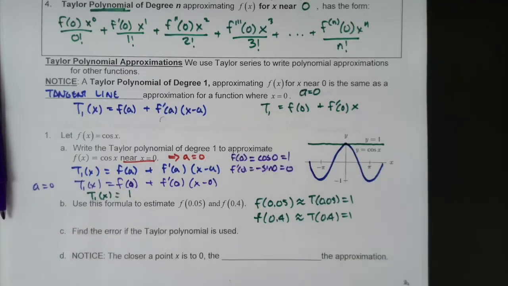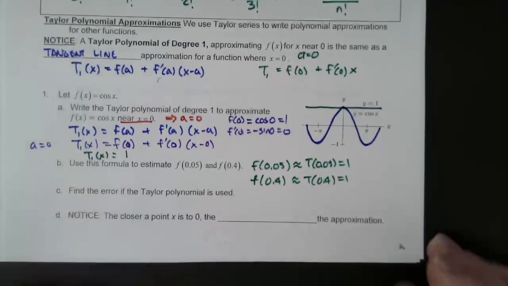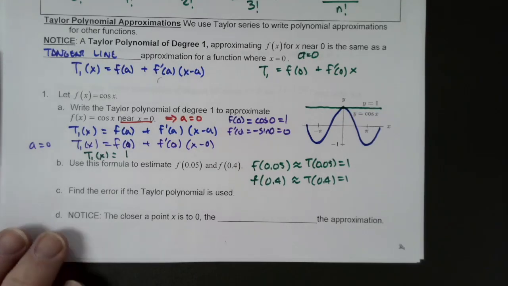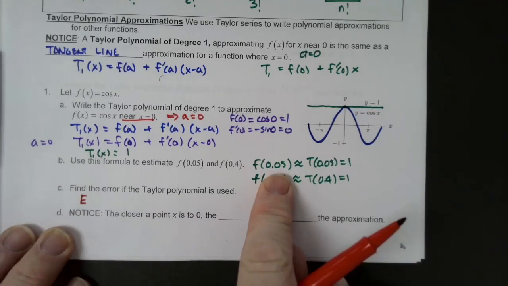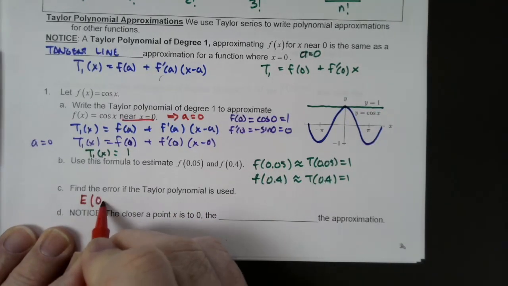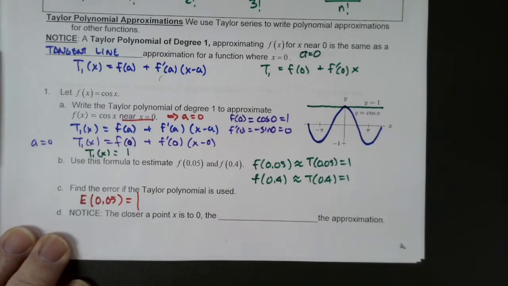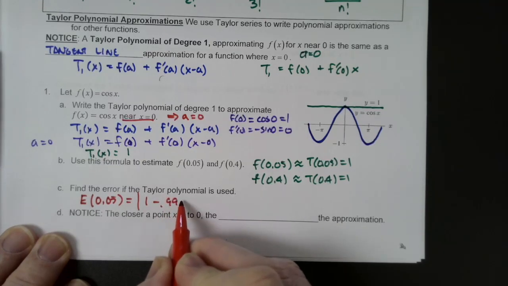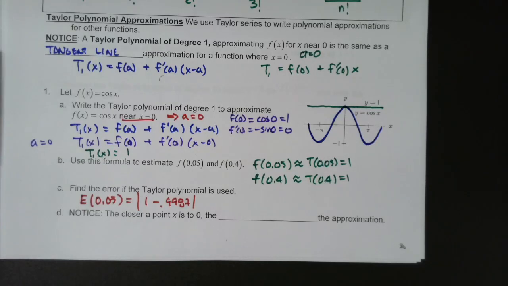Well, it's still the same thing. Okay, pretty lame. But let's consider this. We're just trying to do an estimate here. And believe it or not, if we calculate the error of this using 0.05, if you actually put that in your calculator, it would give you 0.9987 for the cosine of 0.05.